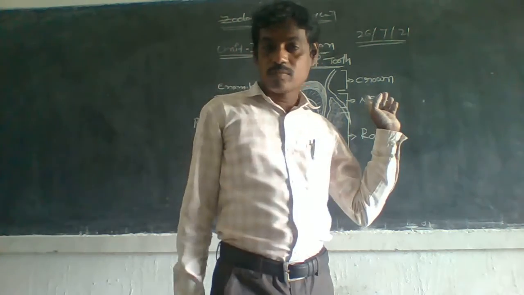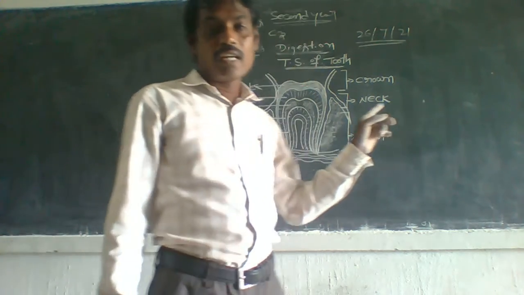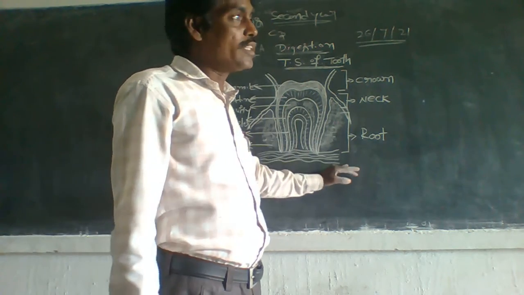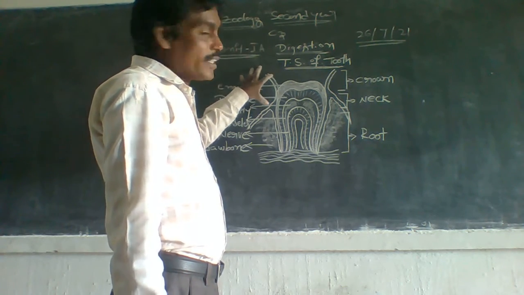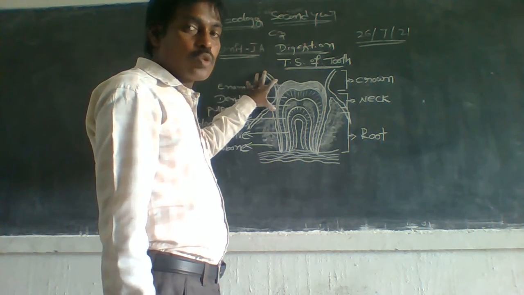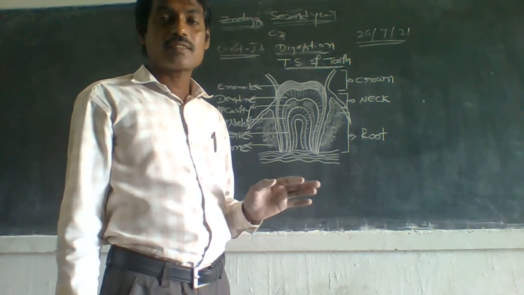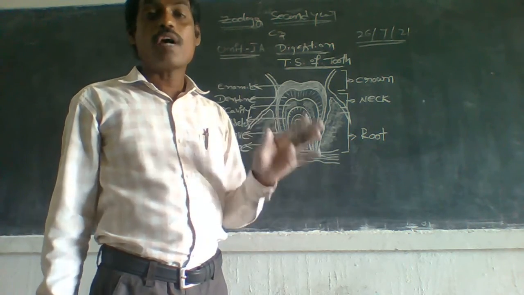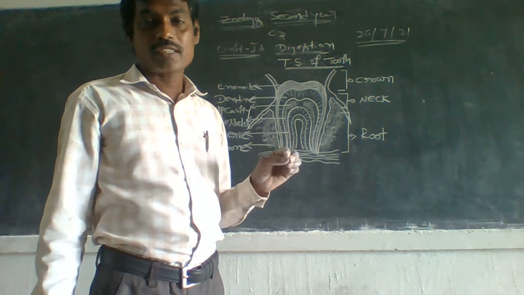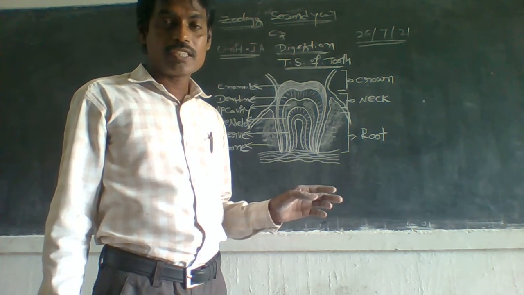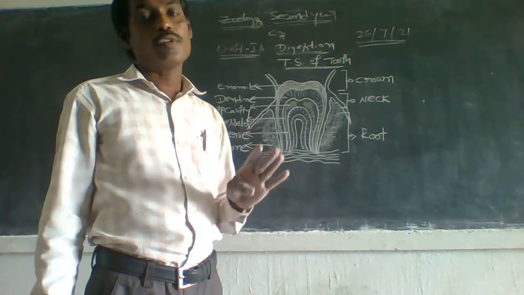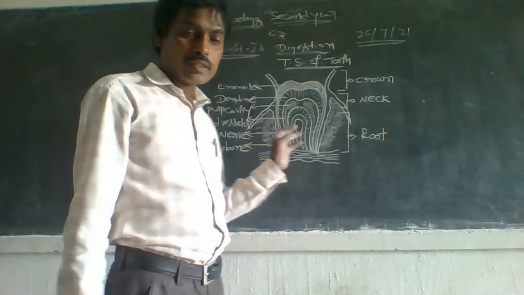Note this diagram and label the parts. All students must practice. Only by practicing this diagram we get 4 marks in the IPA examination, compulsory.